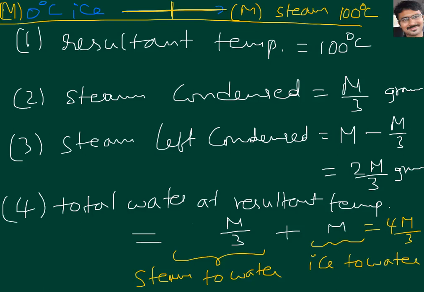So whenever you find a question where m grams of ice at 0 degrees centigrade and m grams of steam at 100 degrees centigrade are mixed together, then simply the resultant temperature is 100.